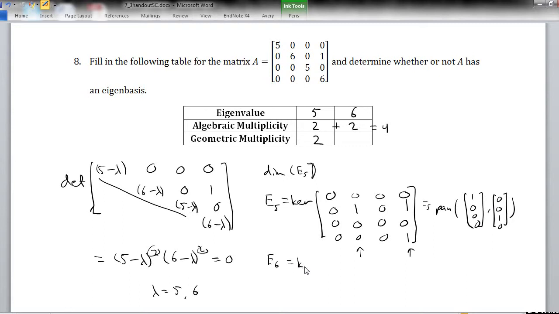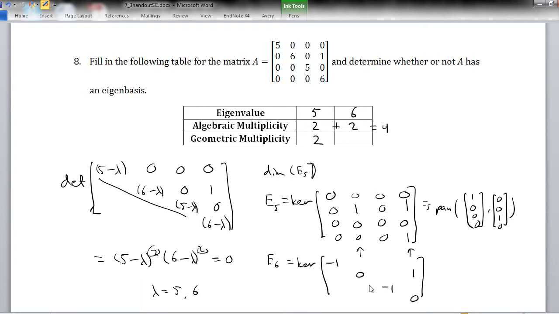I fear not. All right, so this time we're finding the kernel of A minus 6I. So take 6 away from the main diagonal, and we get negative 1, 0, negative 1, 0. And then we still have a 1 up here. And maybe without me even filling in all the zeros, you can tell that these 1s are all in different rows.